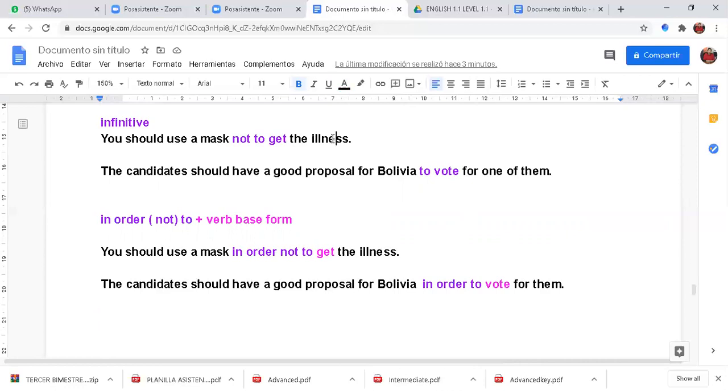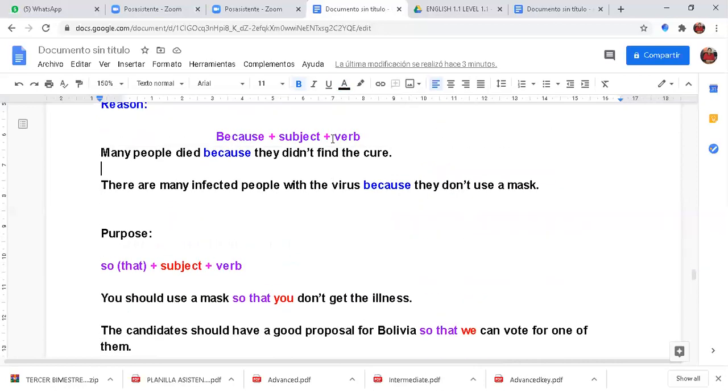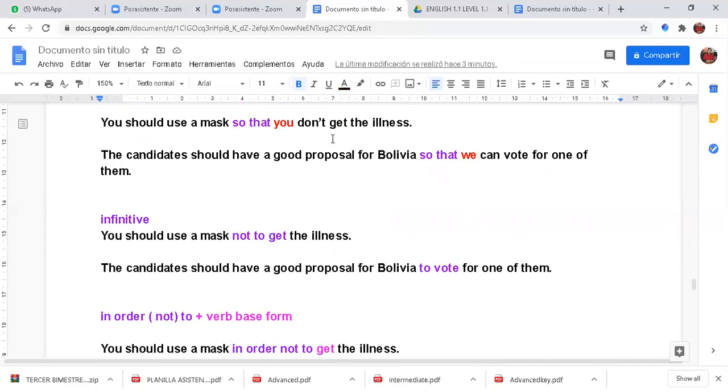It is similar to saying it with so that: you should use a mask so that you don't get the illness. But notice, here we are using just the infinitive. You should use a mask not to get the illness. We don't need a subject.